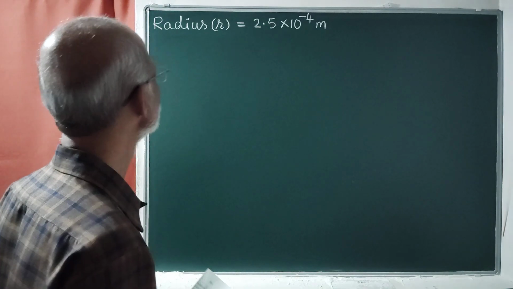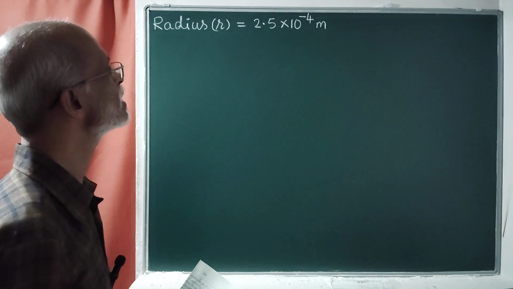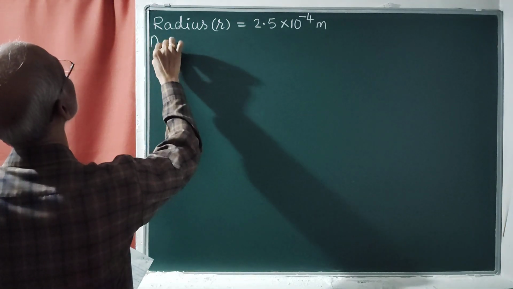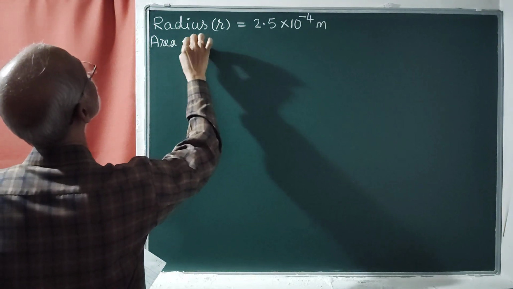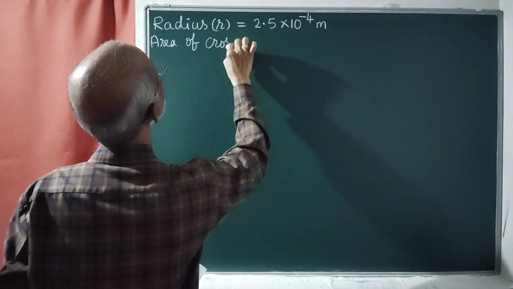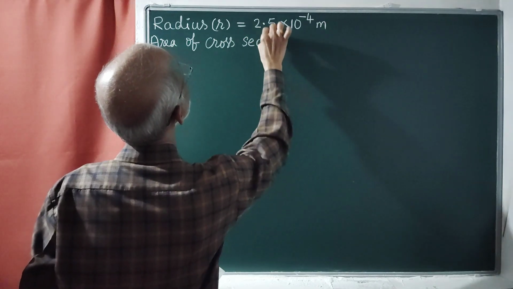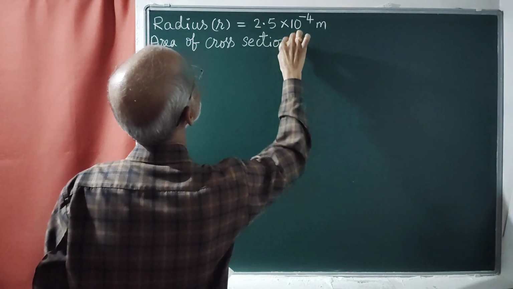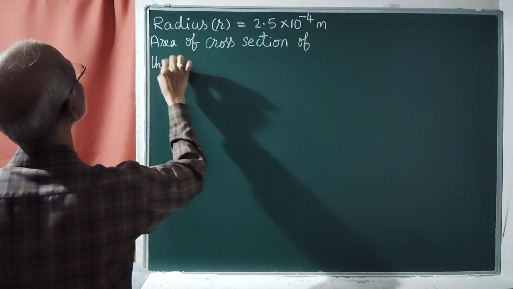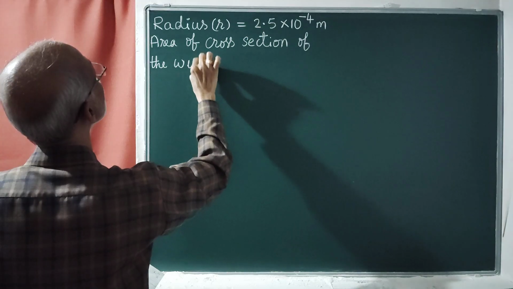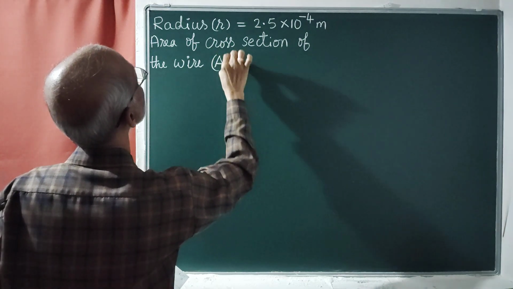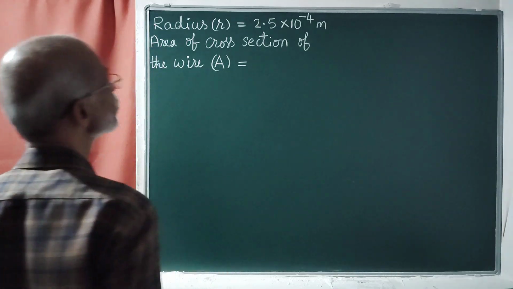Next we will calculate the area of cross section of the wire. A is equal to pi r square, which is the formula to find the area of cross section.